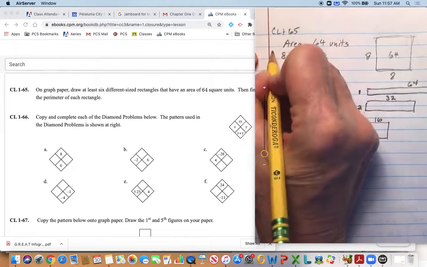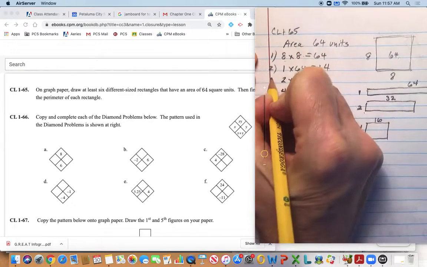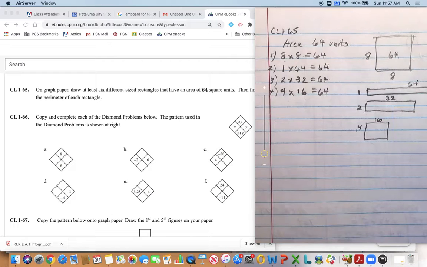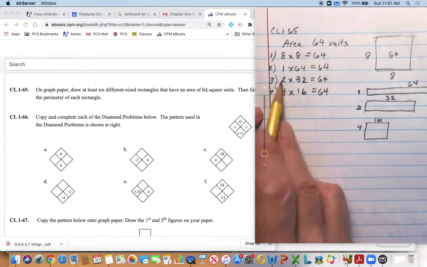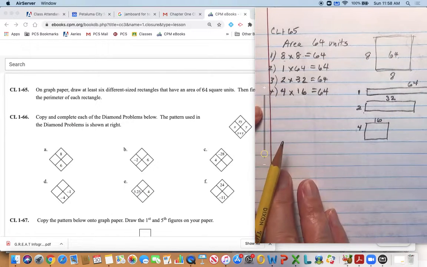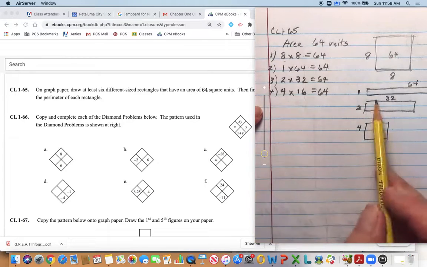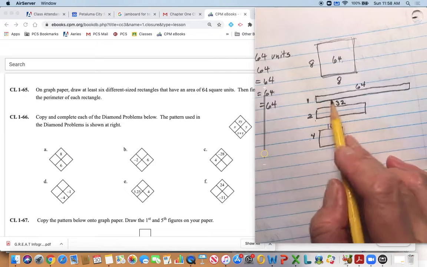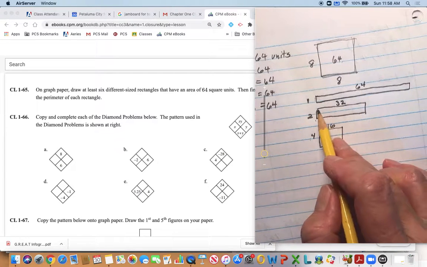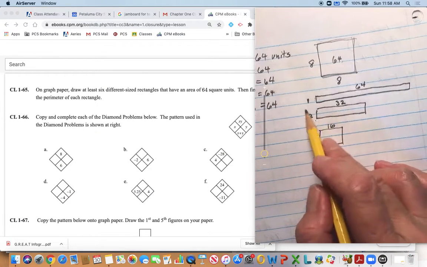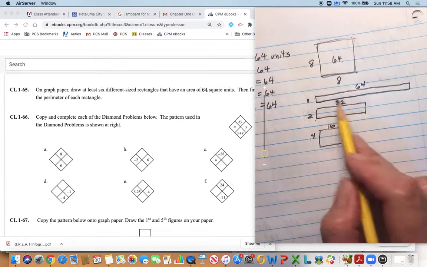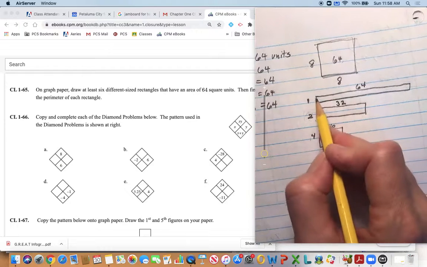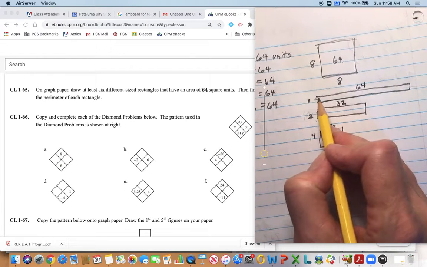And so far we only have 1, 2, 3, 4, and we're supposed to find 6. Well, what we would have to do now is start doing halves. And just as for this one, we went by half. We made it half as short when we added 1 unit here. Well, we can kind of do the same thing to make this longer. So what if we cut this by half?